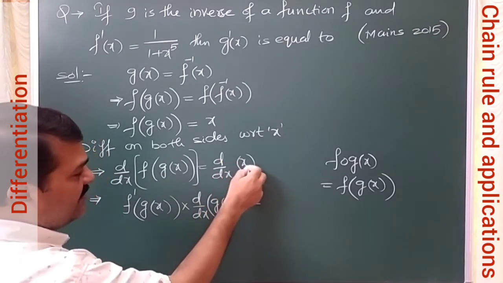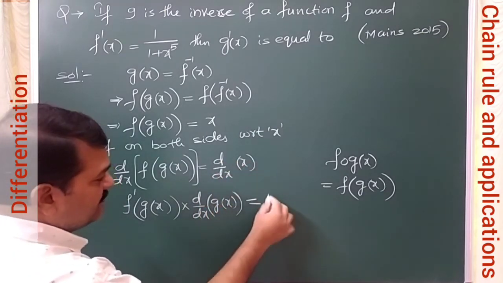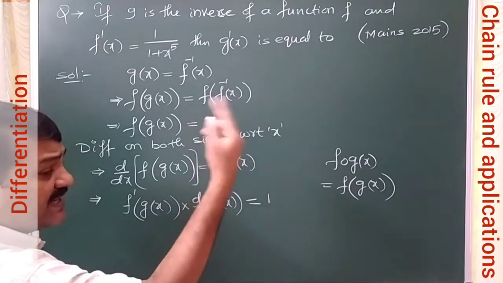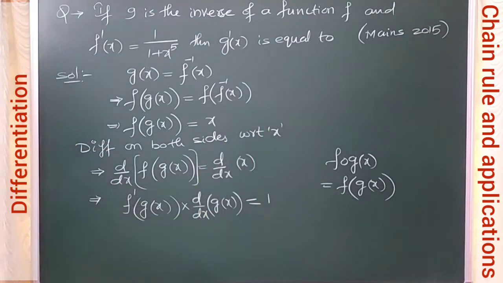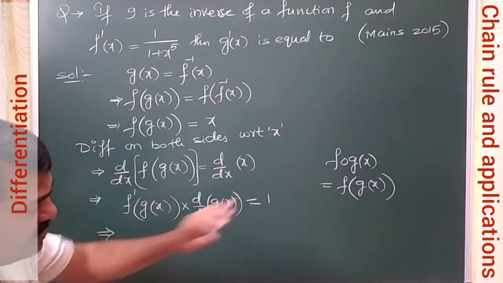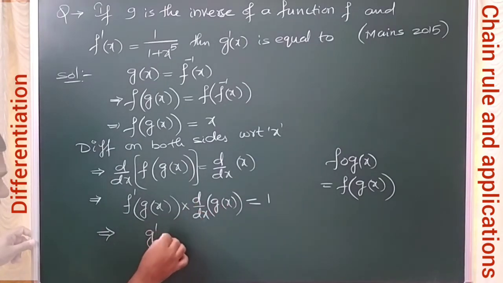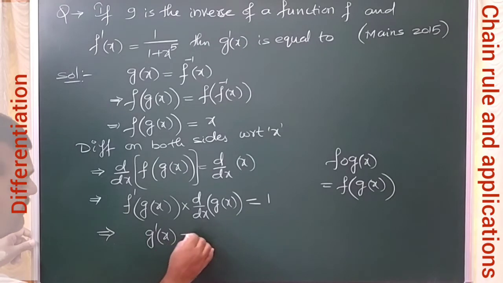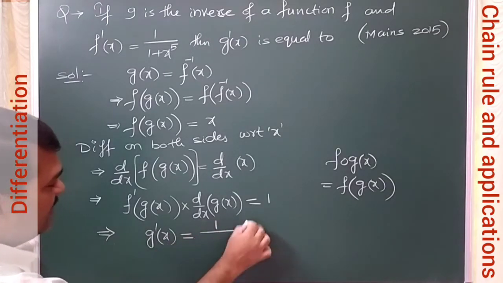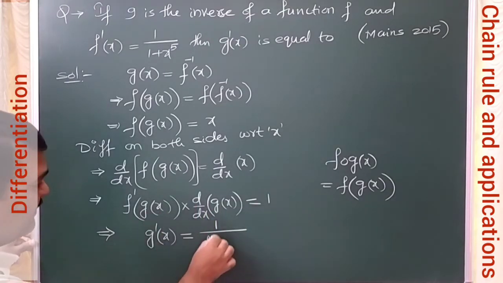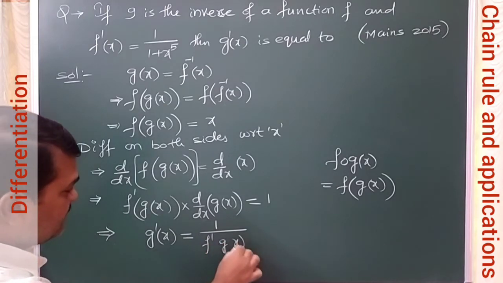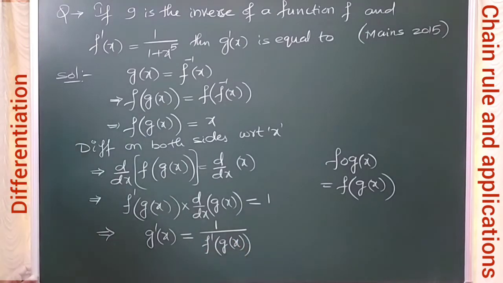And d by dx of x means derivative of x is 1. Derivative of x power n formula we will be using. Okay, now I will cross multiply these two. Right side, d by dx of g of x, I will write as g dash of x. So g dash of x will be 1 by f dash of g of x. You will get like this.